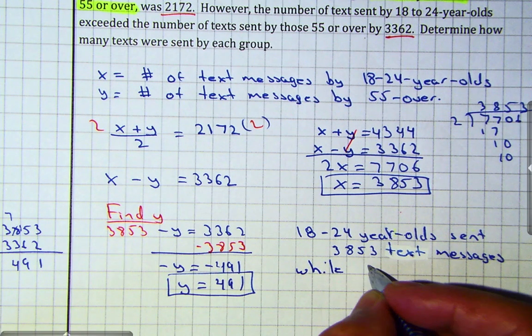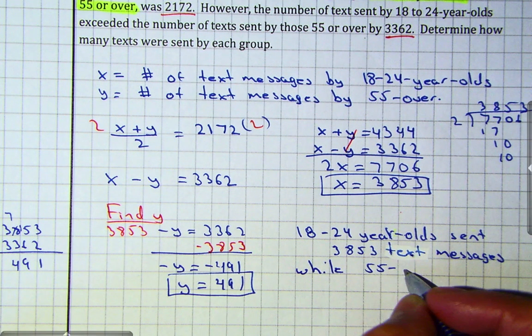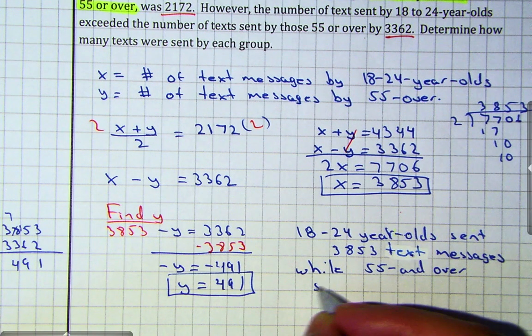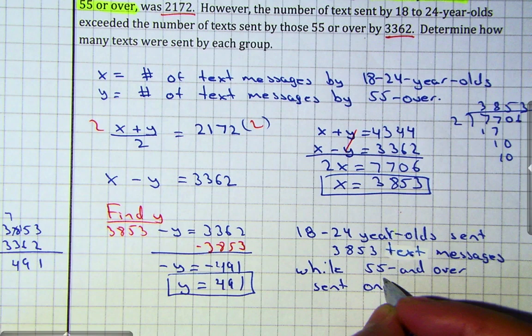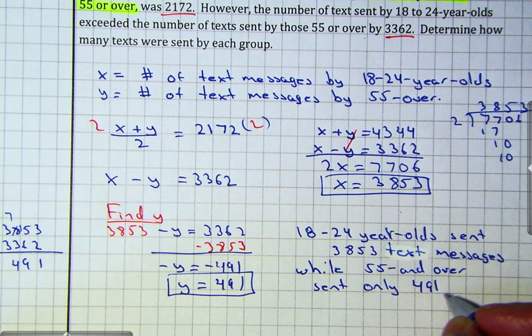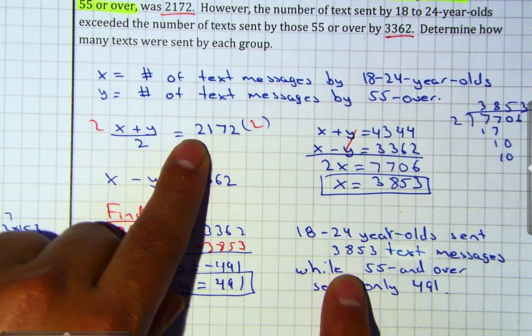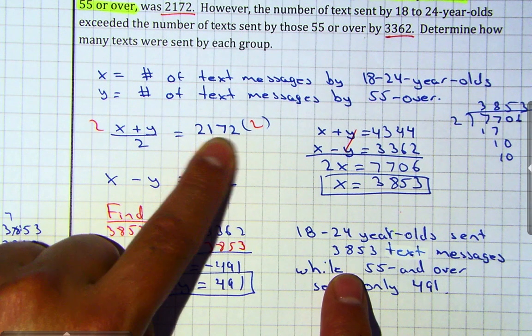While 55 and over, 491. Now, if I add them together and divide by 2, then that should give me 2172, and it does.